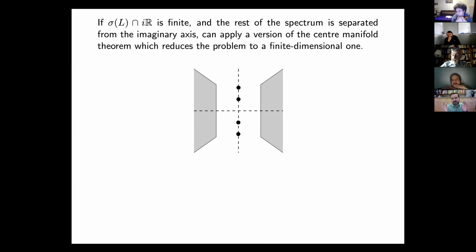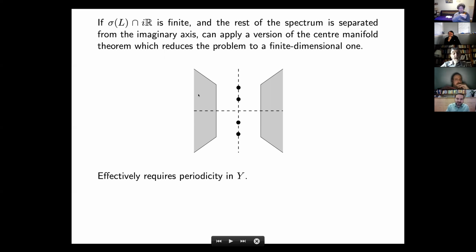And then for this finite dimensional problem, you can use all your favorite techniques from dynamical systems. In order to have this nice situation, you essentially need some form of compactness in the y direction. Otherwise, you will generate essential spectrum close to the imaginary axis. So essentially, this requires periodicity in the y direction.